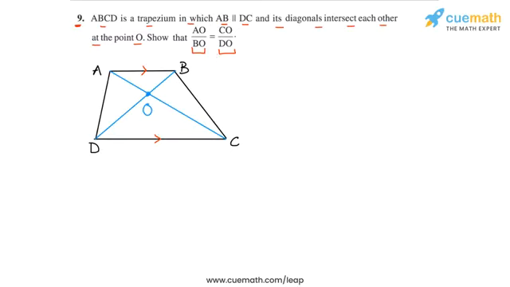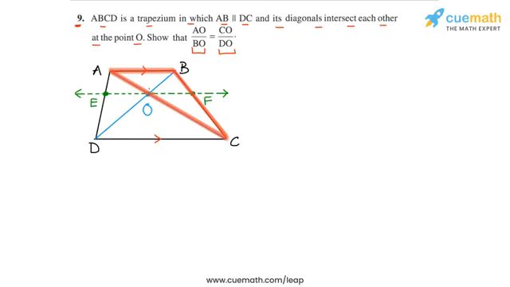Okay, so what we will do is, through this point of intersection O, we will draw a line which is parallel to AB and DC. So as you can see in this figure, this line intersects AD at E and BC at F. Then we will consider triangle ABC, and in this triangle we will apply the basic proportionality theorem. And why can we apply it?